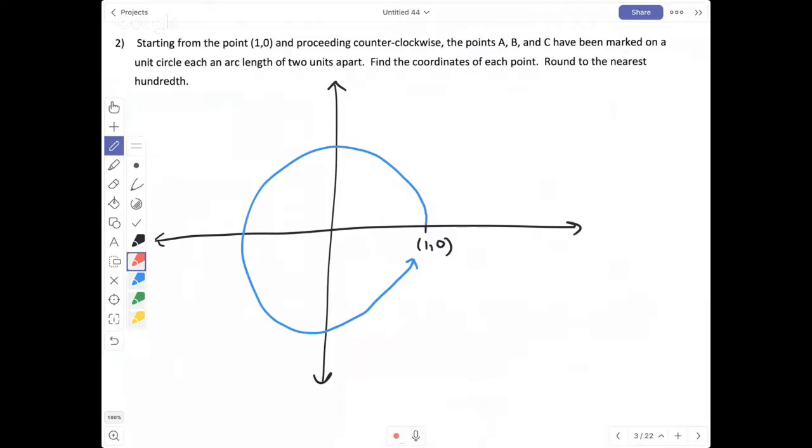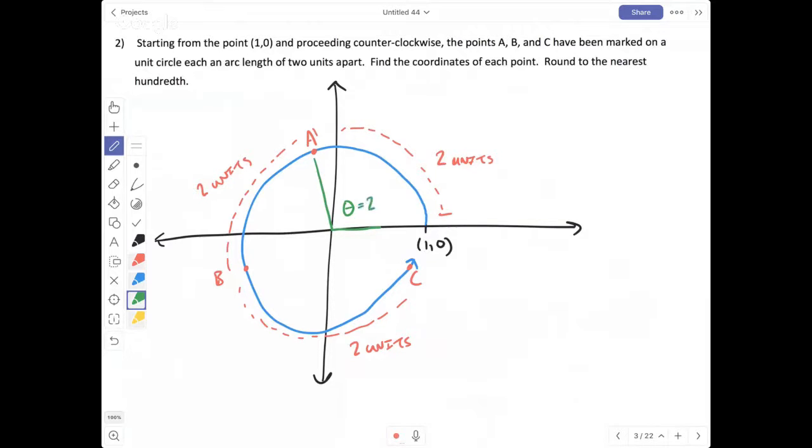So we've got 2 units, point A, then 4 units, point B, and then 6 units, point C. That was 2 units, 2 more units, and over to here, 2 more units.